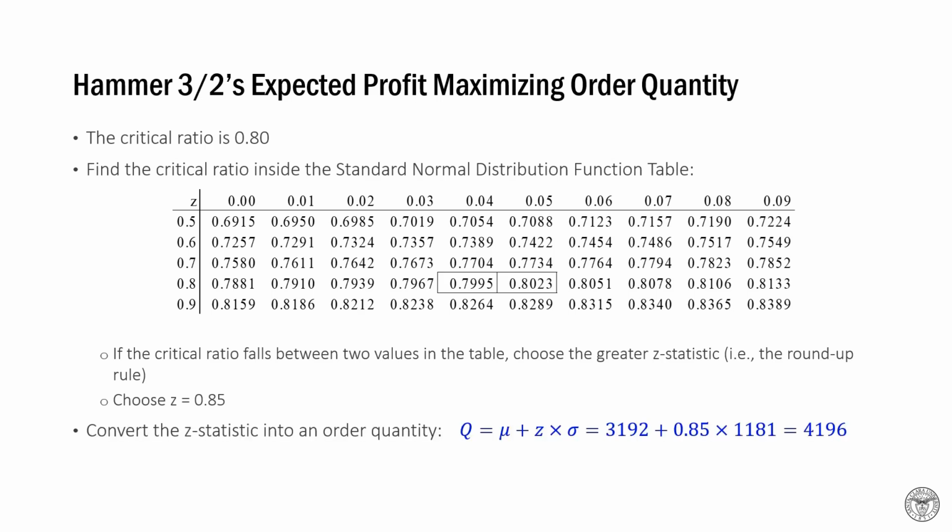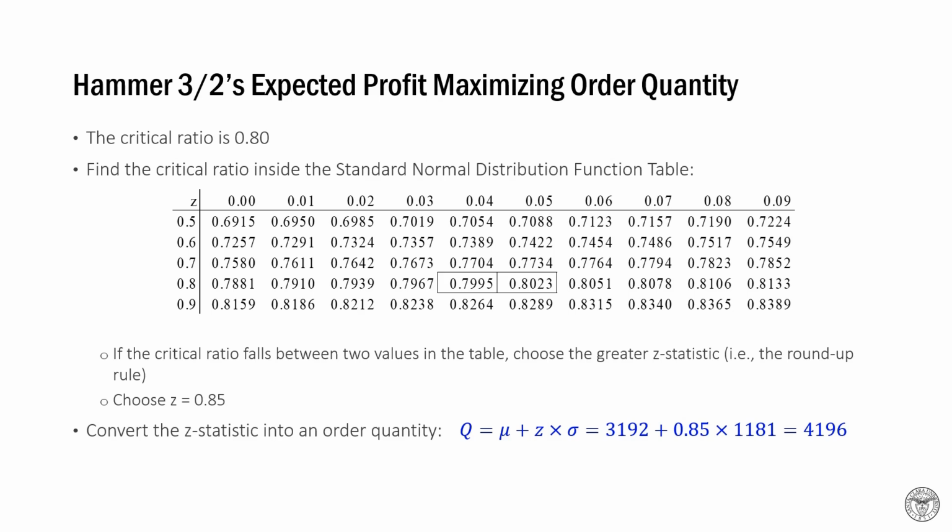Armed with this Z statistic, we can now convert this into an order quantity. The order quantity Q can be calculated as follows. Q equals mu plus Z times sigma. Here, mu represents the mean of our demand distribution, and sigma signifies the standard deviation.